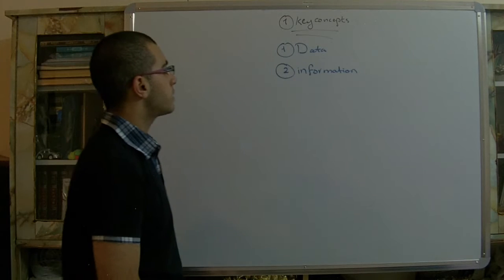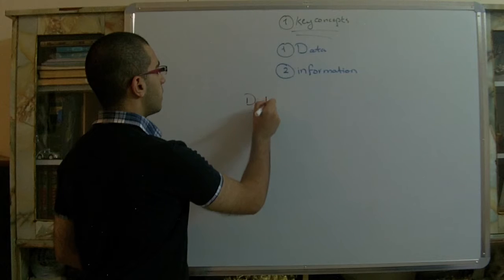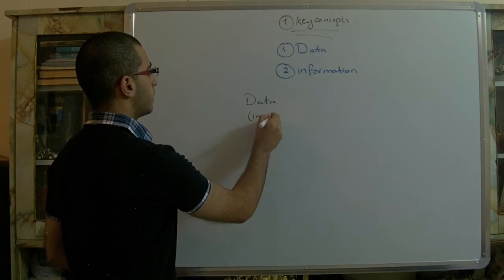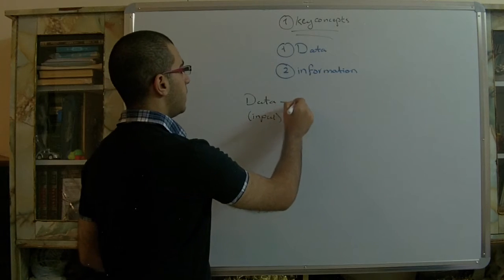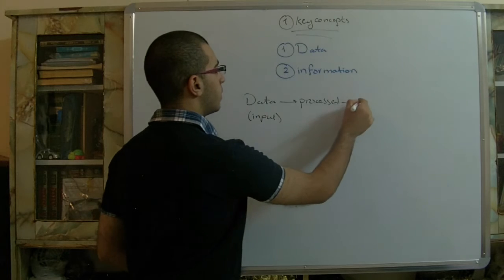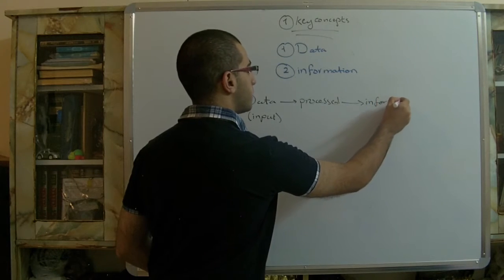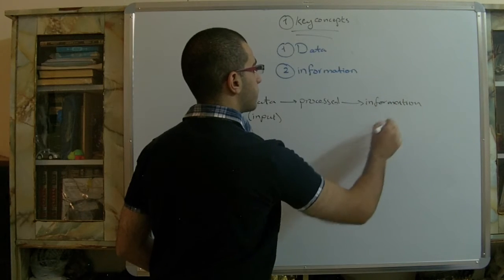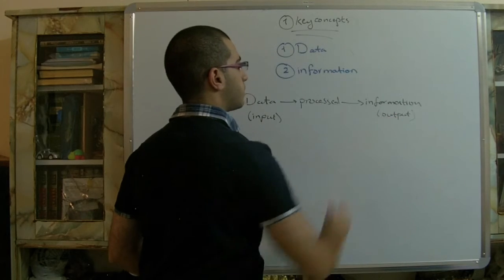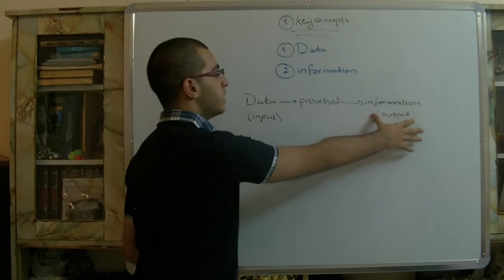In order to show this, we'll draw a diagram saying that there is data, input, then it's processed in order to yield information, output. So when data is processed, information is produced.